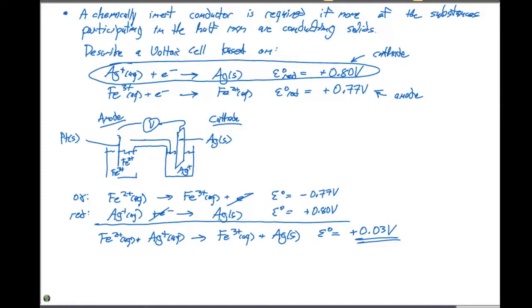If we set these up into two separate cells and put the salt bridge in there, we can create that electron flow and use it in a better way.